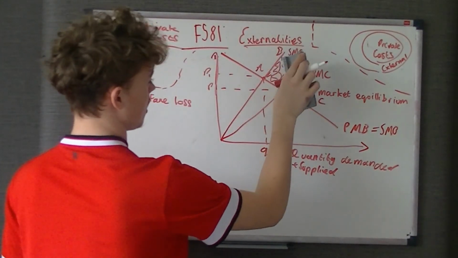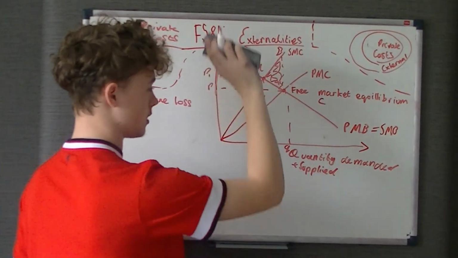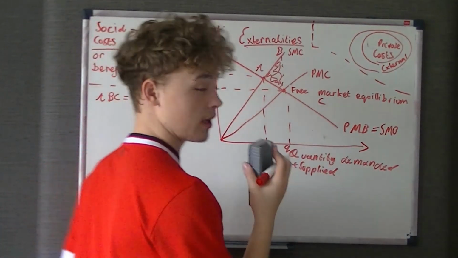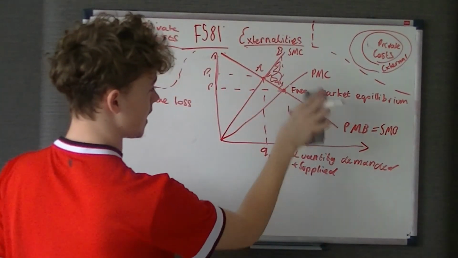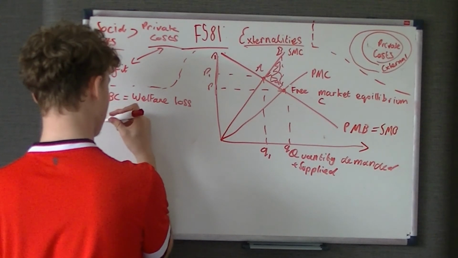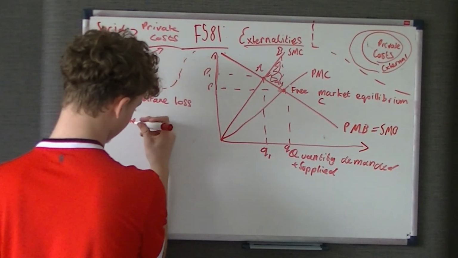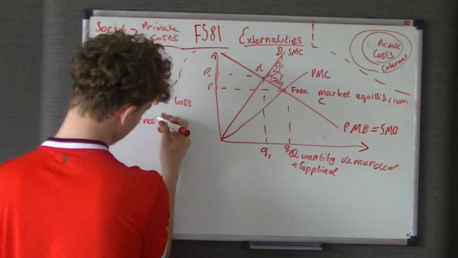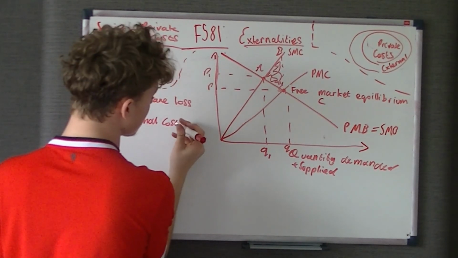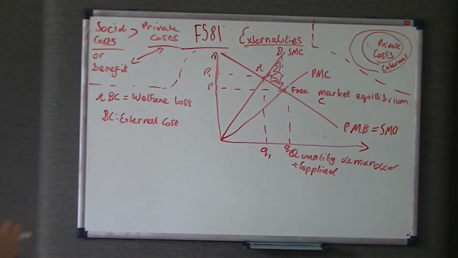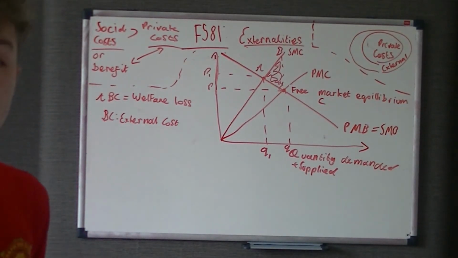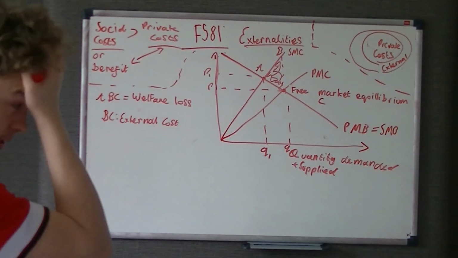So we need a point at one point on the same curve showing the external cost, and we've got C there and B. So B to C or C to B equals the external cost. So that is the external cost of an activity.